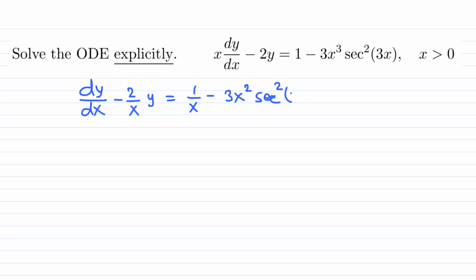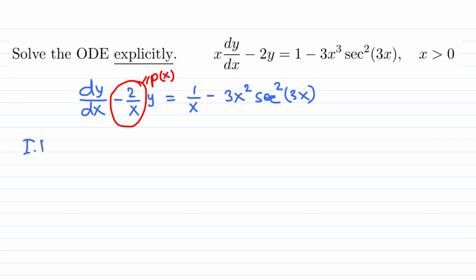Secant squared 3x. Now this is in linear form, and the coefficient of y is p(x). This is p(x) with a negative sign, by the way.